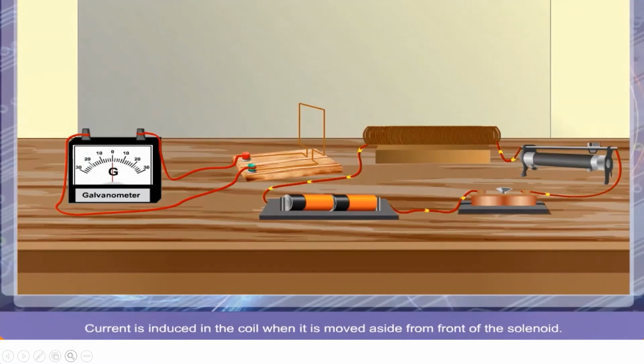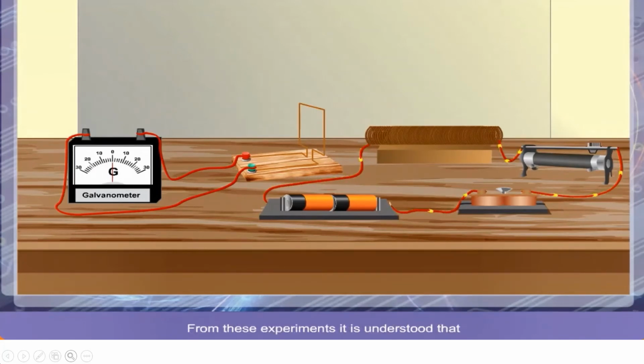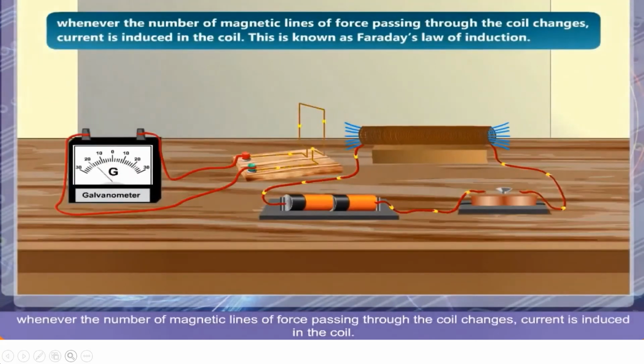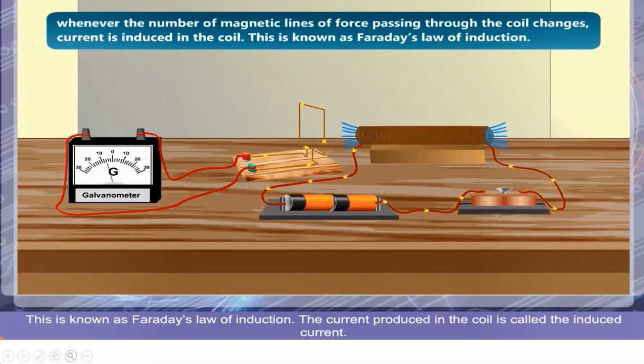Current is induced in the coil when it is moved aside from in front of the solenoid. From these experiments, it is understood that whenever the number of magnetic lines of force passing through the coil changes, current is induced in the coil. This is known as Faraday's law of induction.